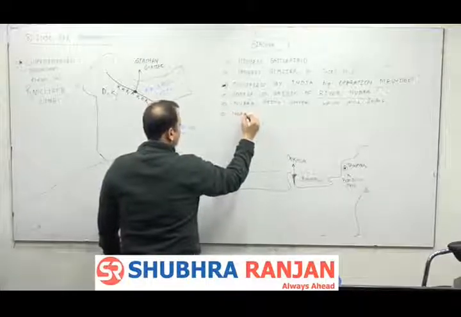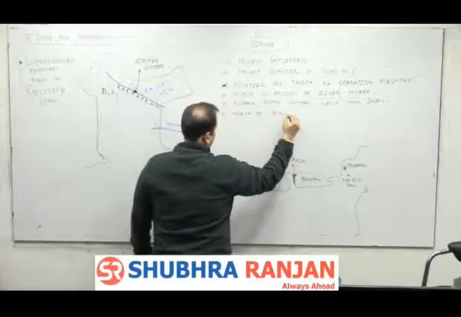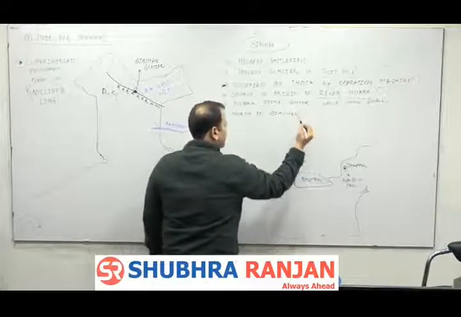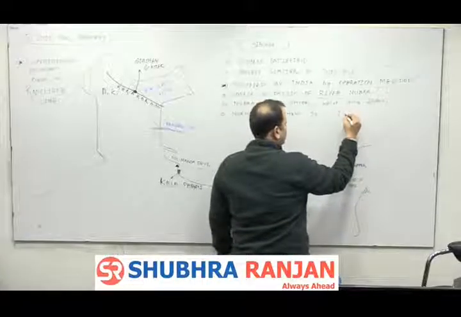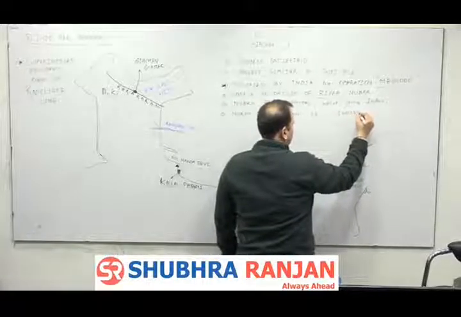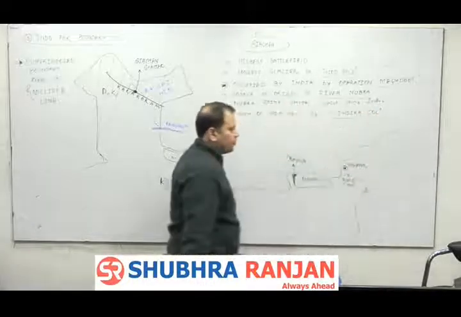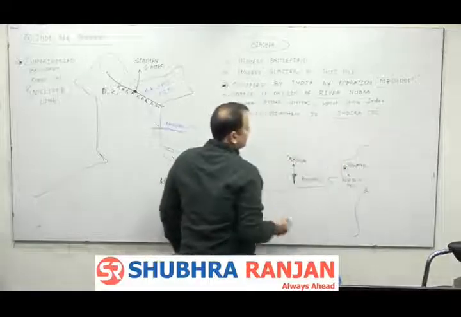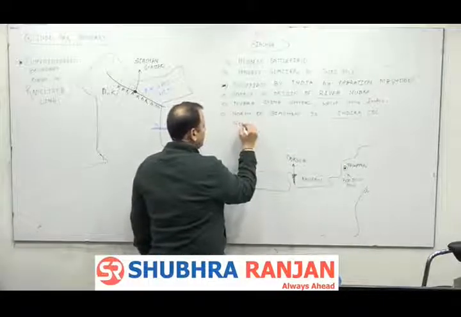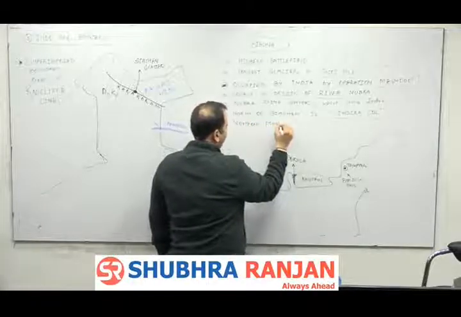North of Siachen is Indira Kohl. It is the northernmost point of India.